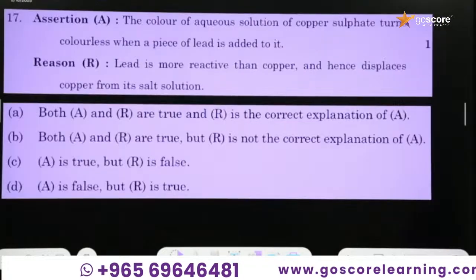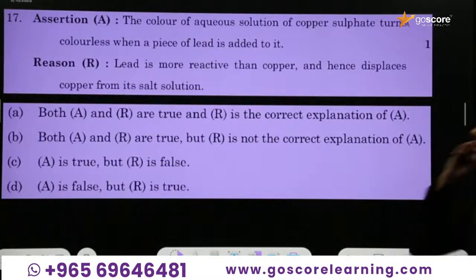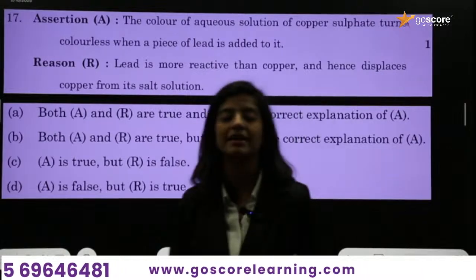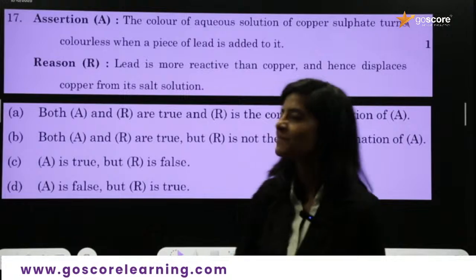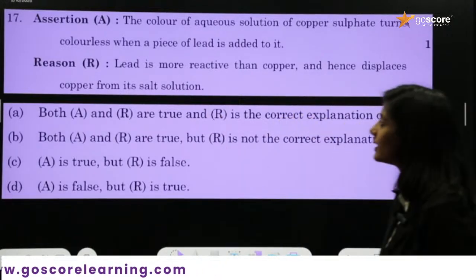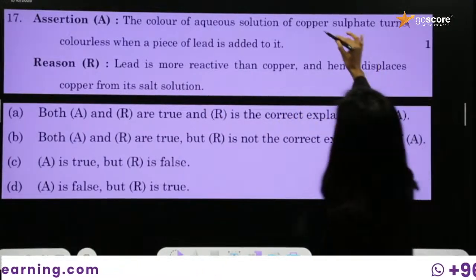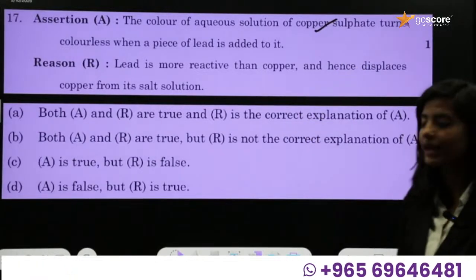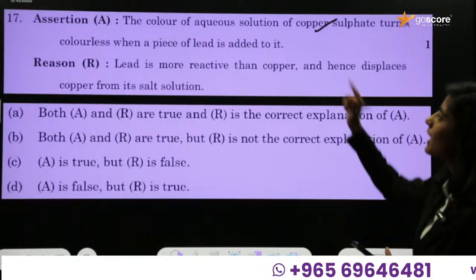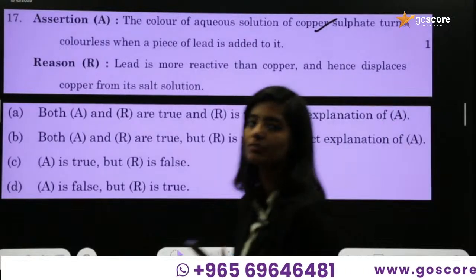Now let's get into the next one. Assertion, this will complete our section A from chemistry. Assertion: the color of the aqueous solution of copper sulfate turns colorless when a piece of lead is added to it. You should know the formula of copper sulfate first.